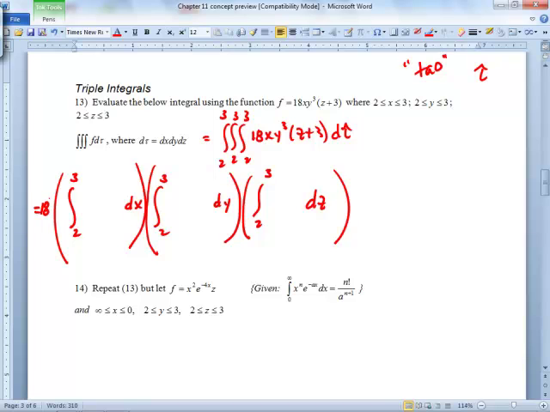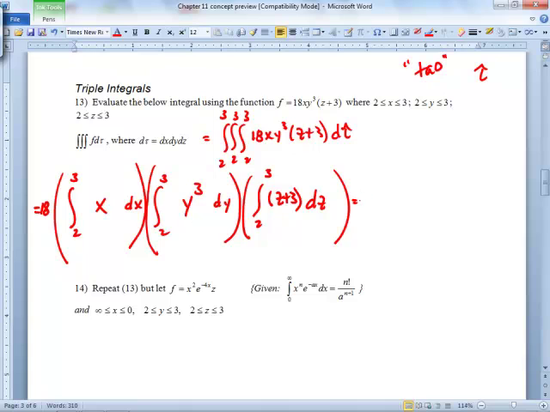Okay. So what's all my x stuff? It's pretty much just x. So that's all that fits in here. How about the y stuff? Y cubed. And the z stuff? Z plus 3. That's it.